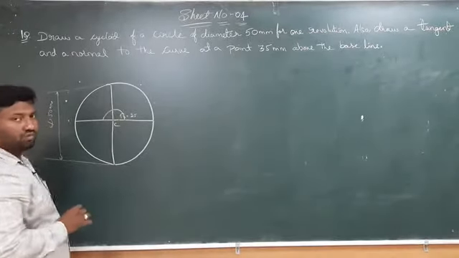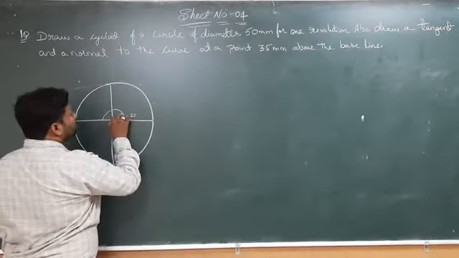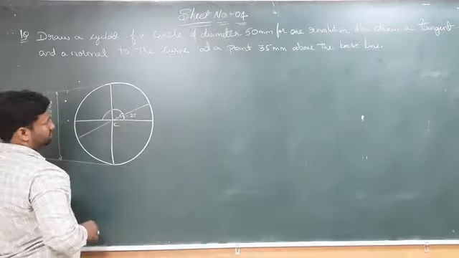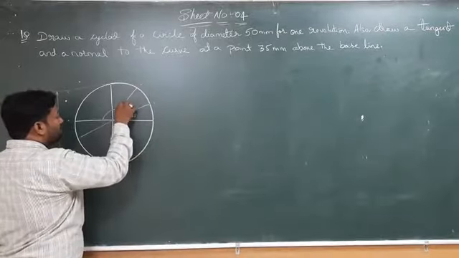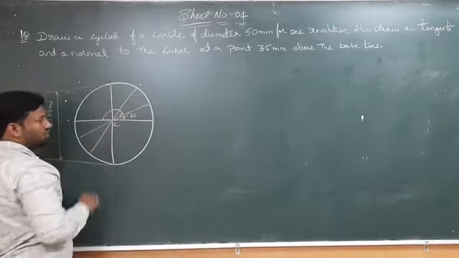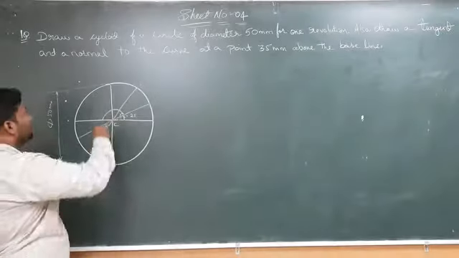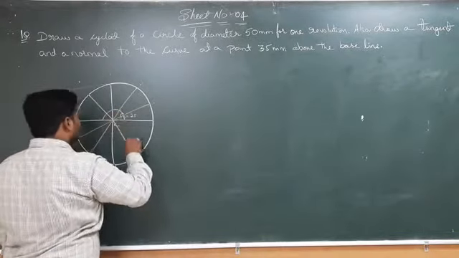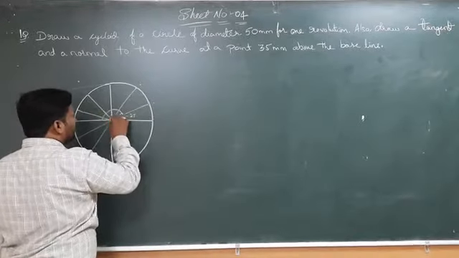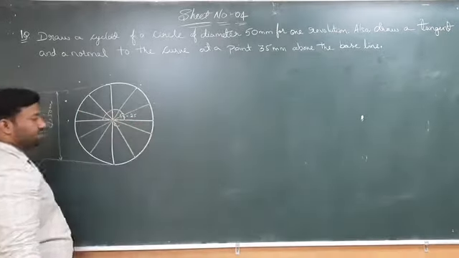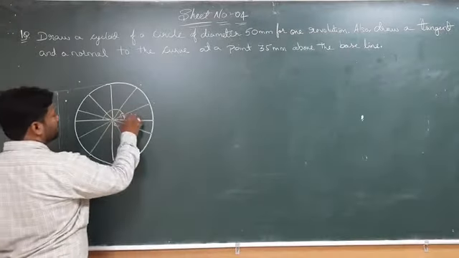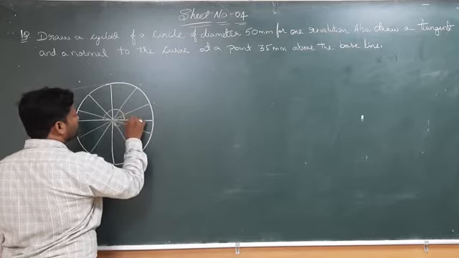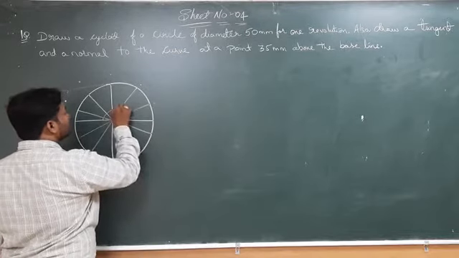After that, with the help of the scale, we draw the lines in the circle only. If we divide the circle like this, we will get 12 equal divisions by maintaining 30 degrees. Here theta is equal to 30 degree, here is 60 degree, already 90.